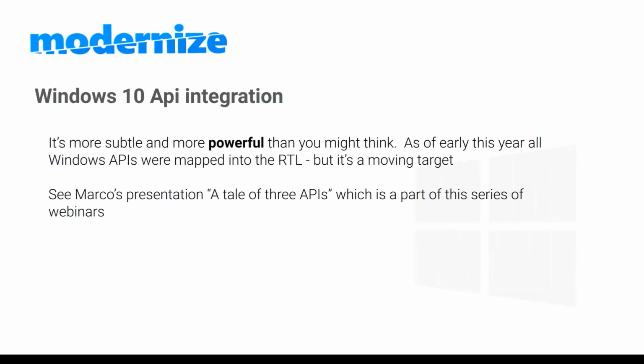And of course, the other thing you get with Delphi 10.3 or RAD Studio 10.3 is a ton of Windows 10 application API integration. It's pretty subtle, because most of it is just using the Delphi language, and you don't realize that you're suddenly calling new APIs.